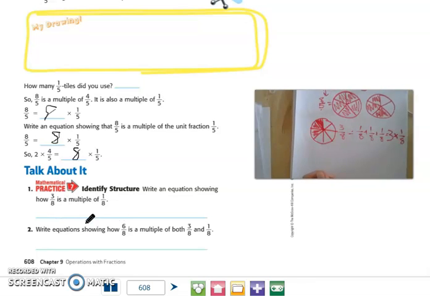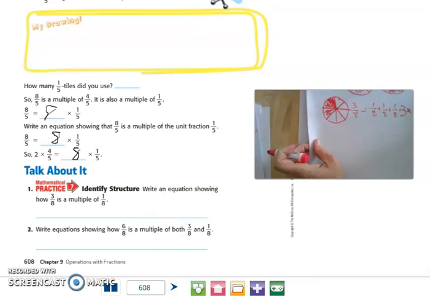Now, since 6 is a multiple of 3, you can see that 6/8 is going to be a multiple of 3/8. You're just going to have to figure out 3 times what gives me 6, and that's going to be your whole number for that one. Let me give you a little bit more of a hint on this.